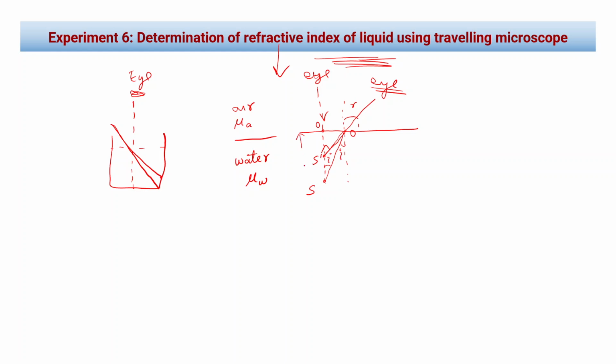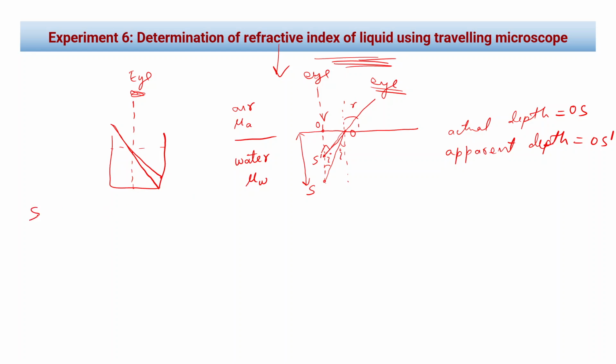Initially, the actual object depth is this OS. Actual depth is OS, whereas apparent, what is appearing to us, apparent depth is OS prime.